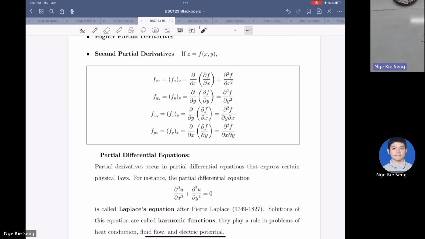You can differentiate with respect to x first, and then with respect to x or y. Or you start with y, and then differentiate with respect to x or y. So there are four possibilities: xx, yy, xy, yx. 2 times 2, so 4 possibilities.